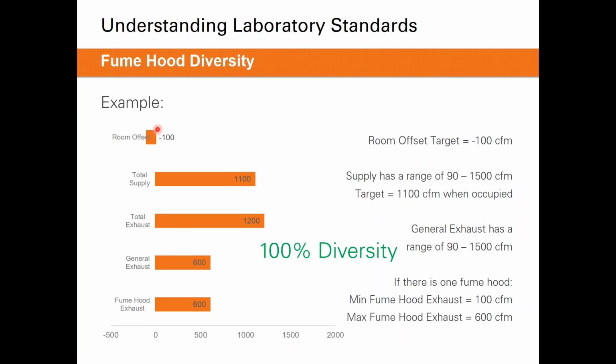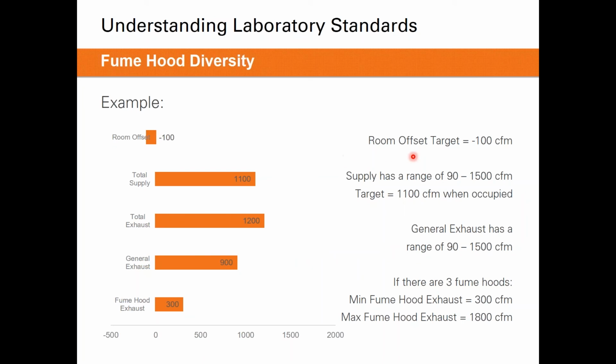So let's take a look at an example of diversity. If we have the same room where we're still trying to maintain a negative 100 CFM offset, and our supply has the same range and our general exhaust has the same range, but now we have 3 fume hoods, where when all 3 fume hoods are closed, we have 300 CFM being exhausted, and when they're all open, we have 1800 CFM being exhausted.